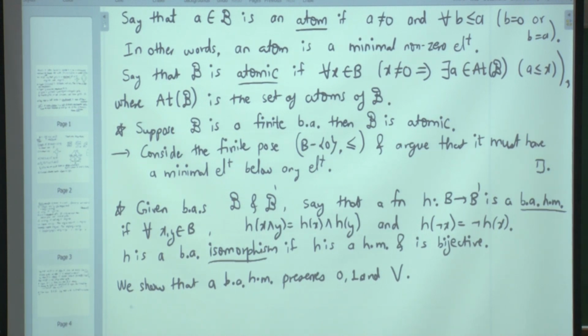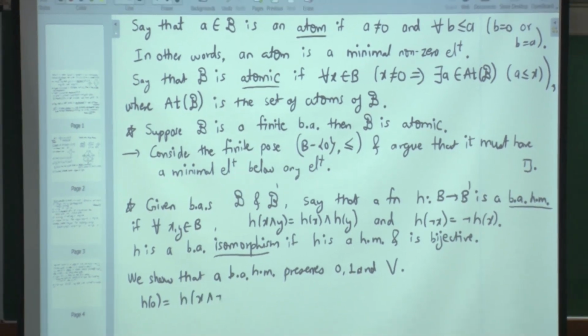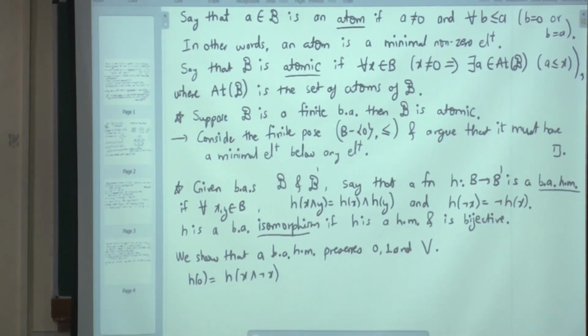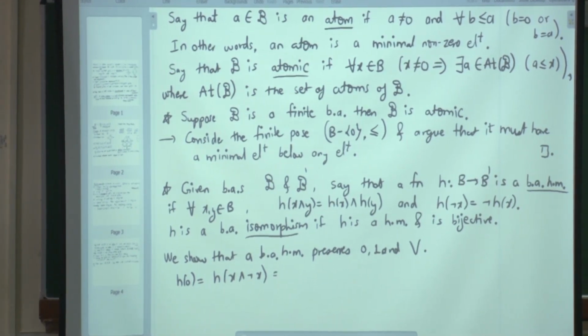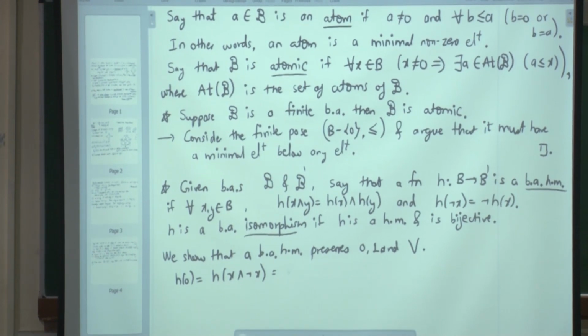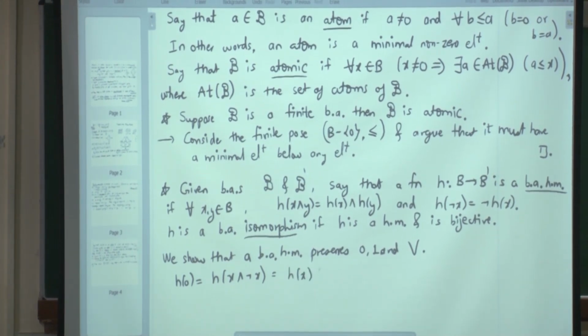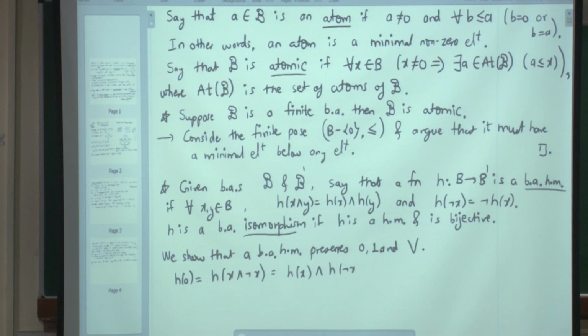Okay, h of 0 is equal to h of x meet negation x for any x. Then meet is preserved, so therefore h of x meet h of negation x, but negation is also preserved, so that is h of x meet negation of h of x.